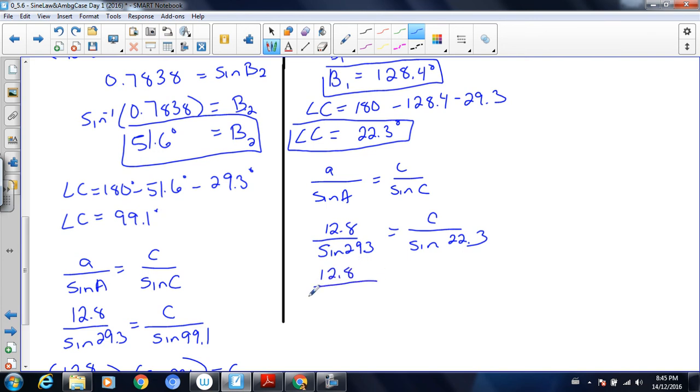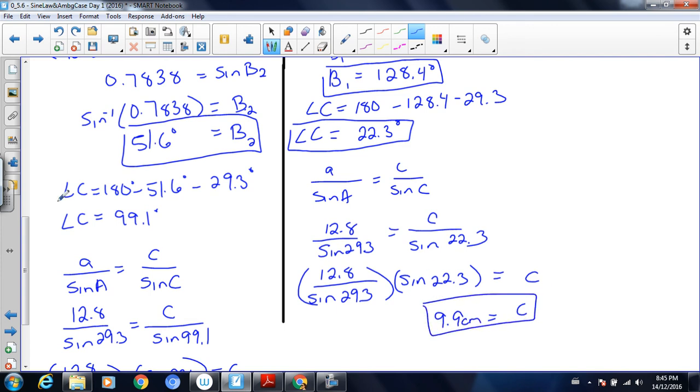I bring this over, multiplication, sine of 22.3, and that's equal to c. When I do my calculations, I should get 9.9 centimeters. And now I have solved.